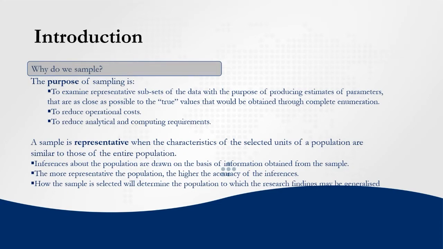But when you want to make generalizations, meaning when you want to take what you are observing from your sample and paste it on the population, then that sample needs to represent the population. It only makes sense to make generalizations from a sample that actually mimics the population.